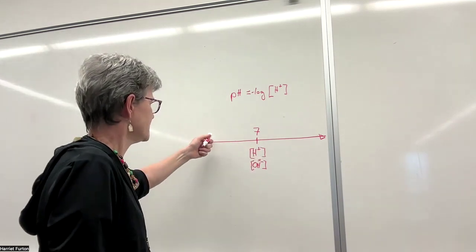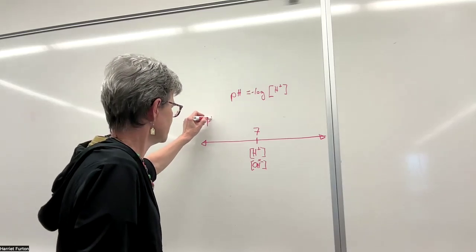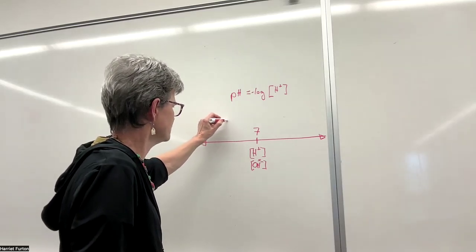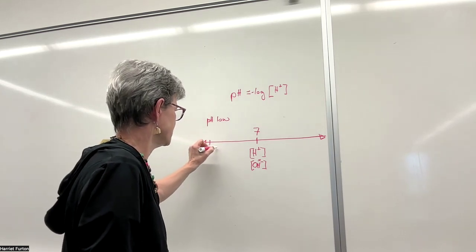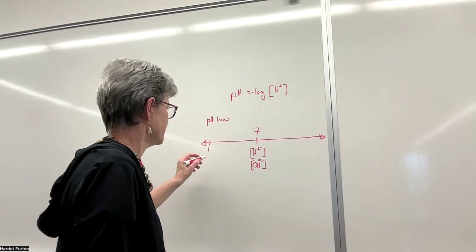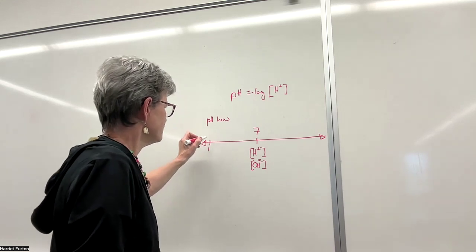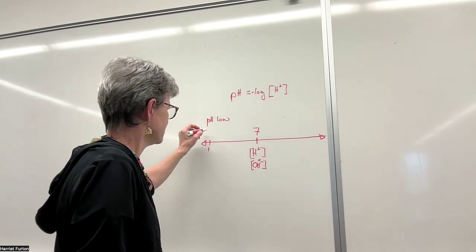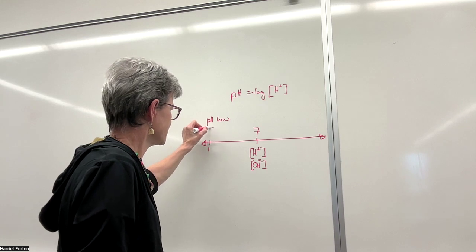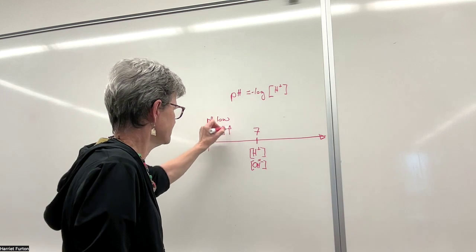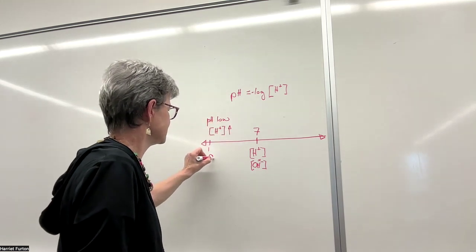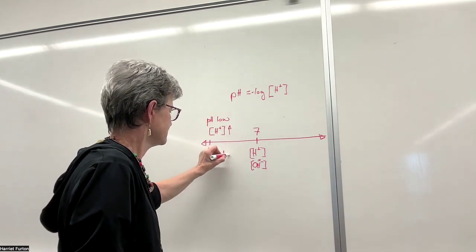Now, in here, the pH is low, for example, this is 1 on here, and this is when the hydrogen ion concentration is super high, and we say that's an acidic solution.